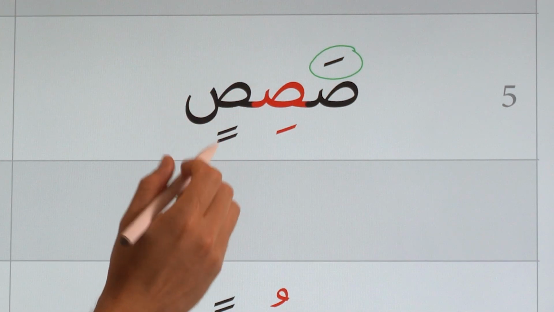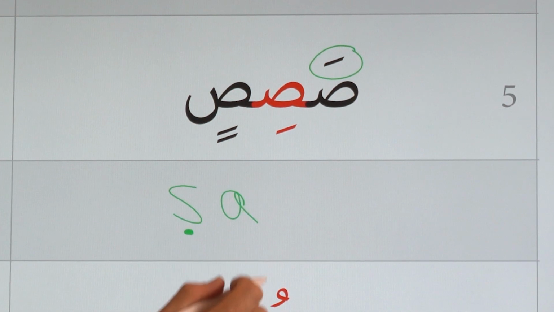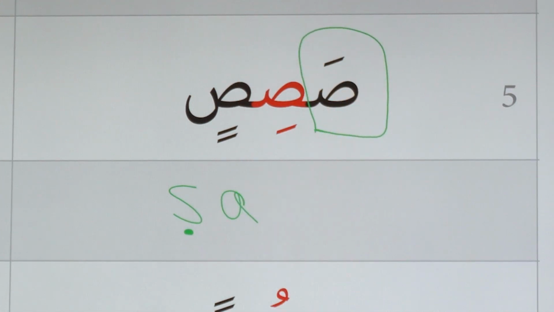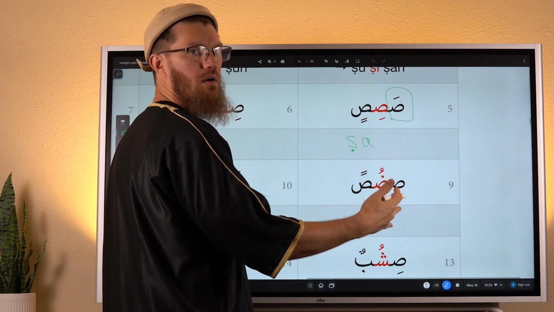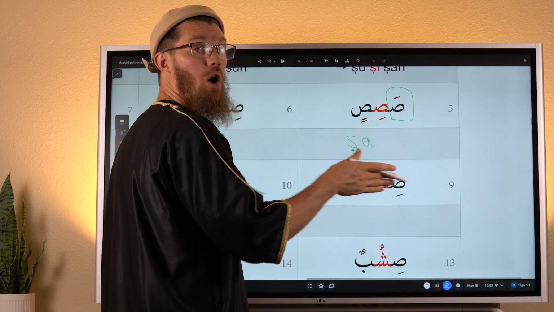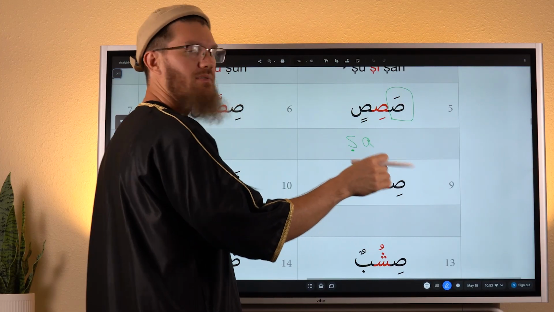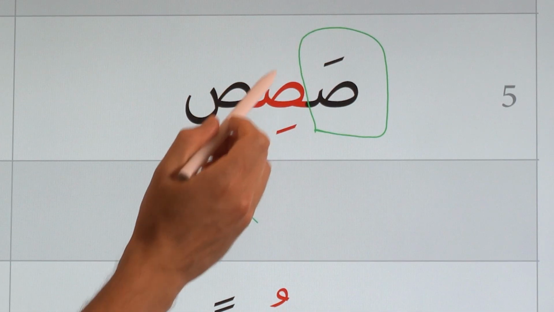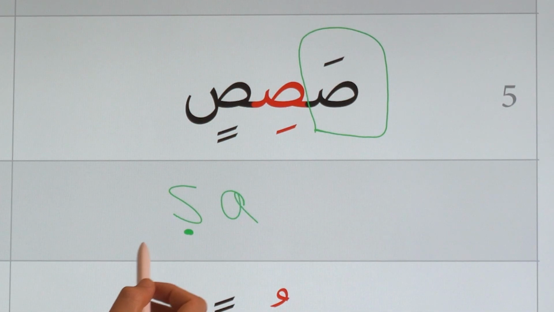That is the Fetha, so we're going to write an A for the Fetha. And remember, we mentioned that the letter Sad with a Fetha is pronounced more like Saw versus Sa. So it's pronounced more like Saw as in chainsaw versus Sa as in sand. So the Sad and Fetha would be pronounced like Saw.